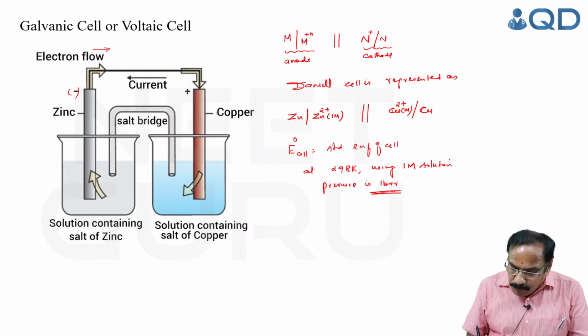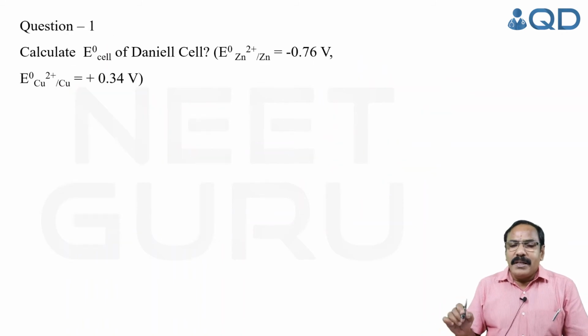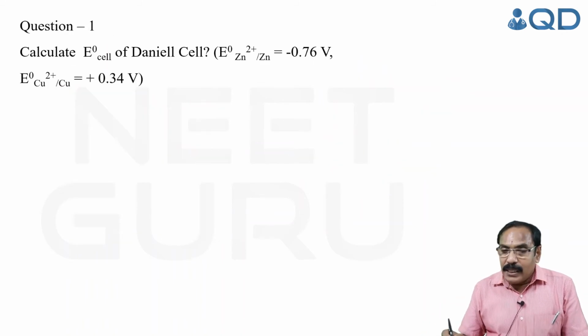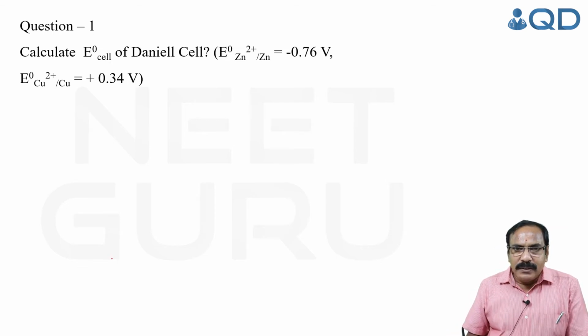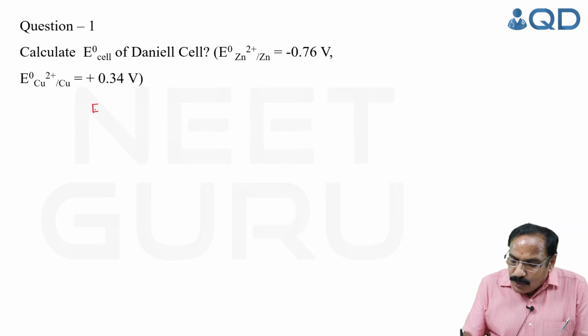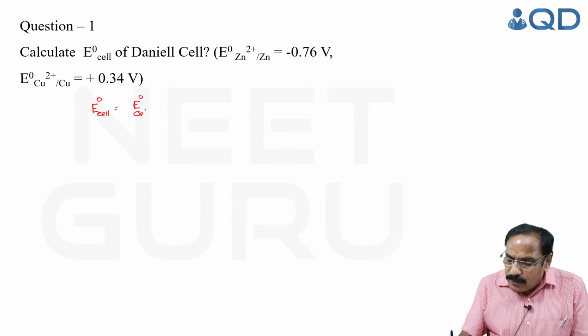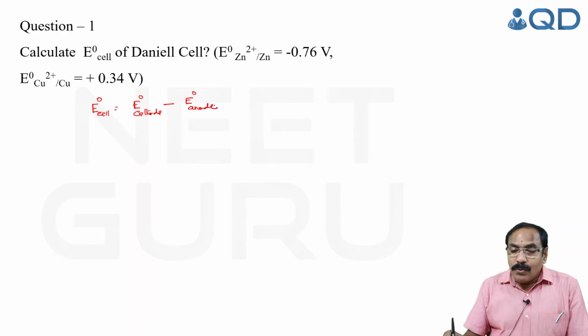Now let us do this problem. Calculate the standard EMF of the Daniell cell. You are given the standard electrode potentials. You know the formula to calculate the standard EMF of any galvanic cell: E0 cell = E0 cathode minus E0 anode.